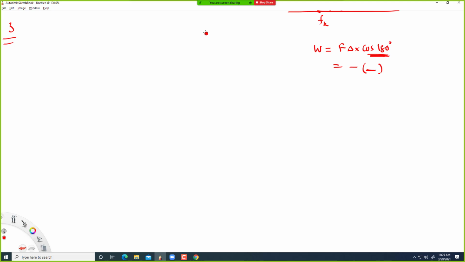So denote that box by this point. So let's consider that this is positive x-axis, and up is positive y.